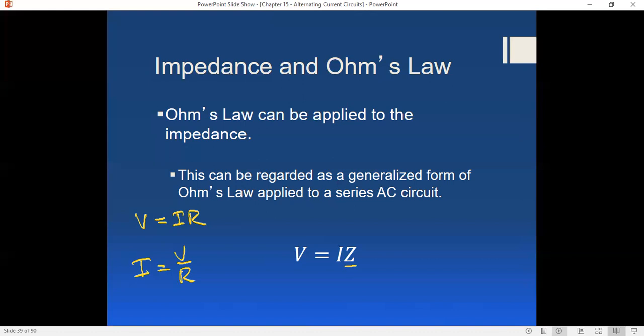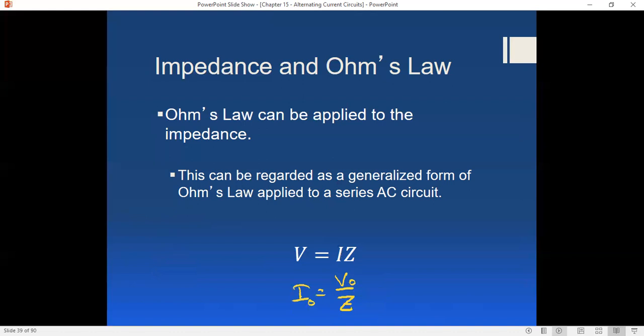By putting them all together, we get this new value Z. And again, it behaves just like we had with Ohm's law. We just say that now, instead of I equals V divided by R, I equals V divided by Z, where this represents the maximum current and the maximum voltage.